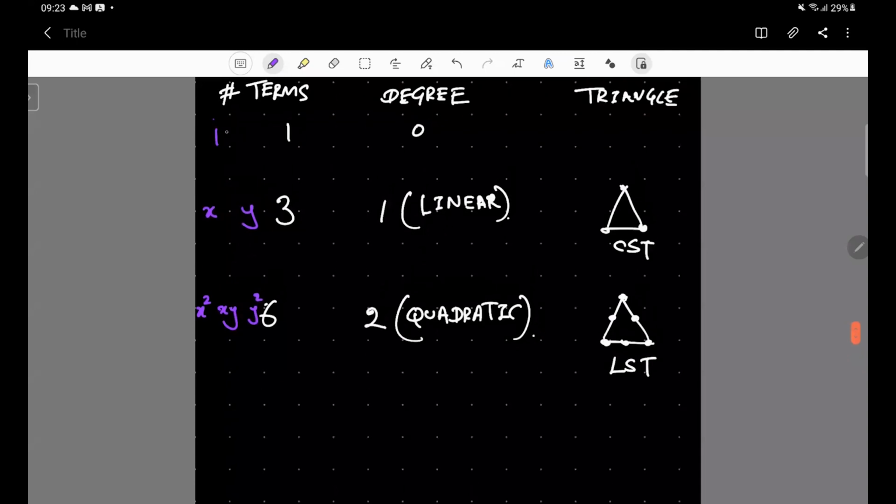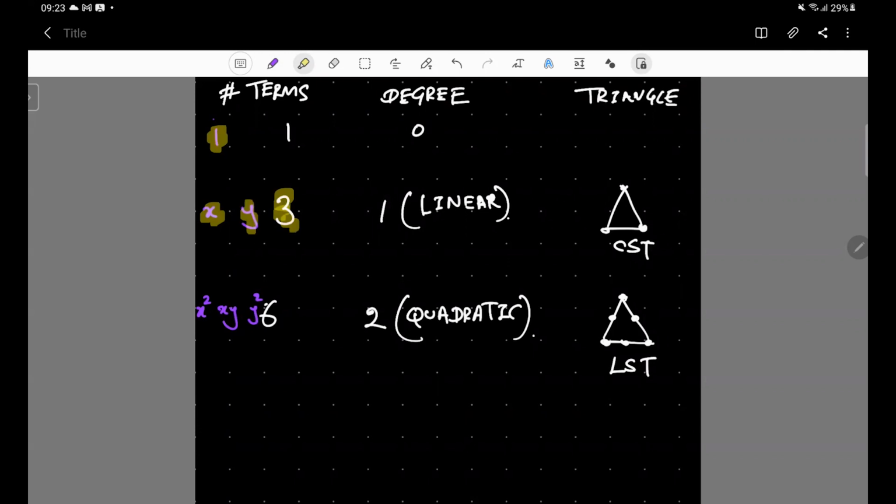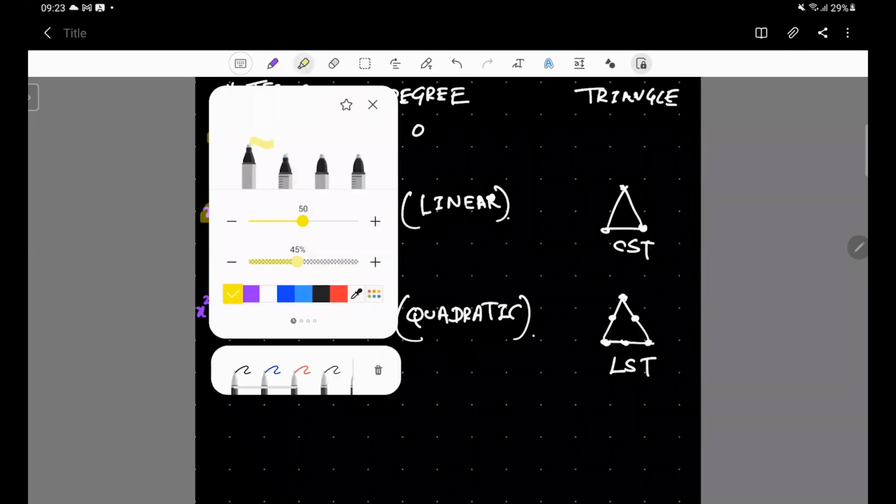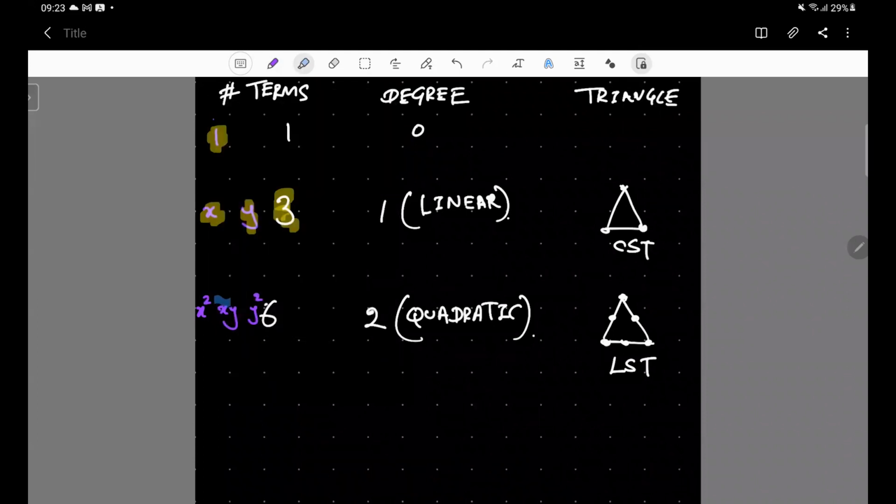There will be 3 terms when we talk about a linear function, and when we talk about a quadratic function, there will be 6 terms altogether.